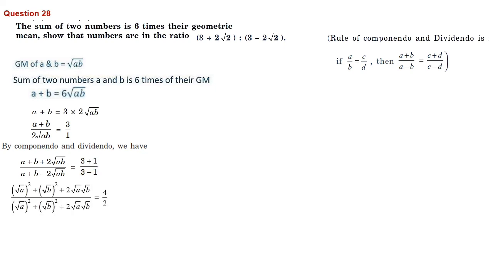Here the numerator is in the form a square plus b square plus 2ab, so we can make it into that format.